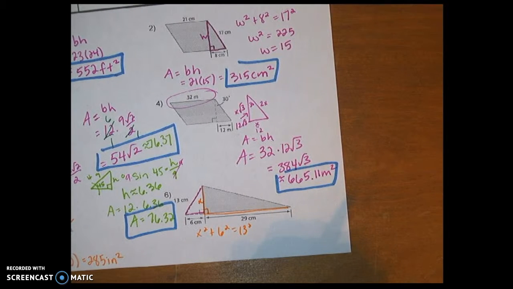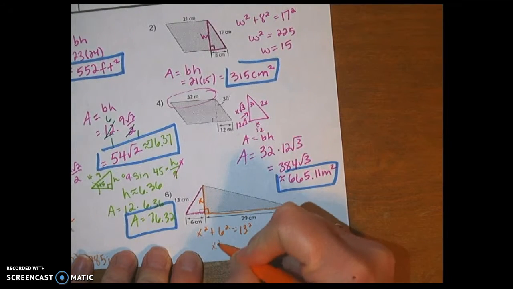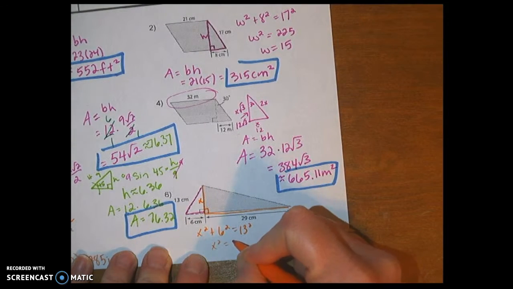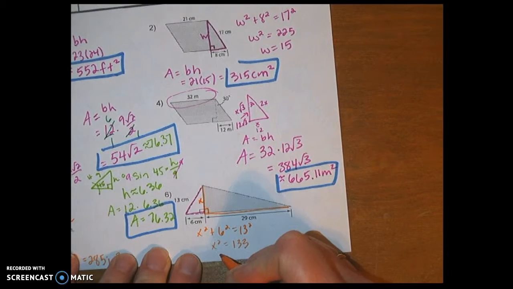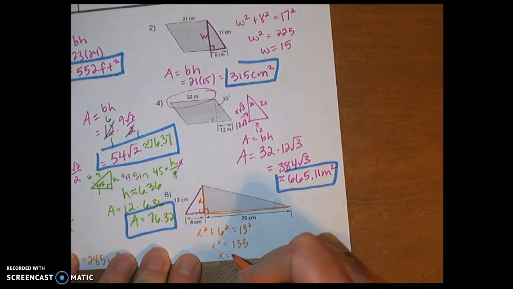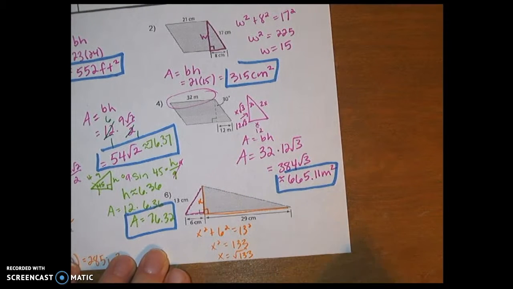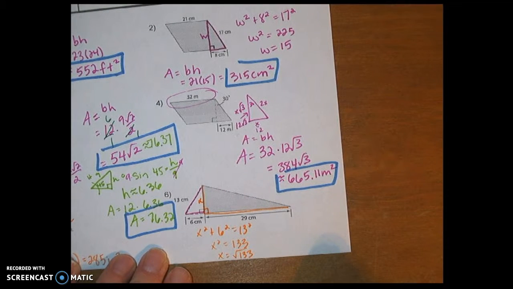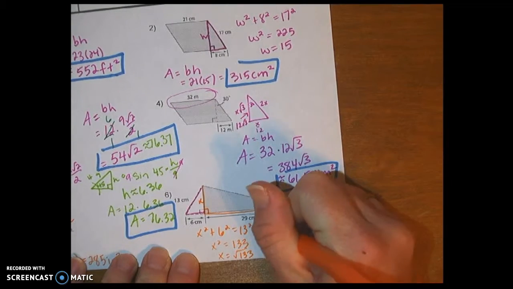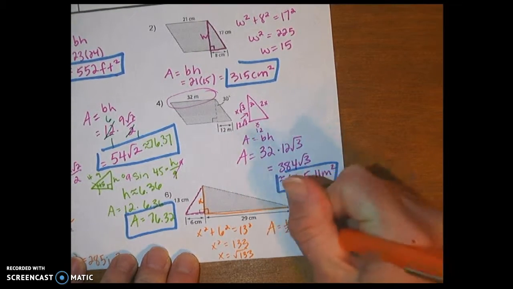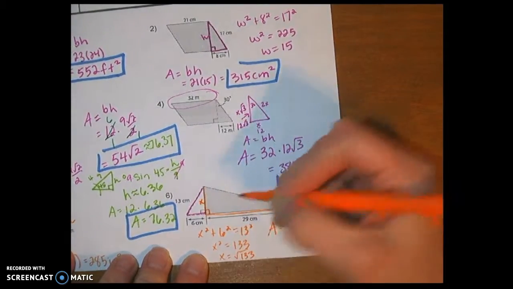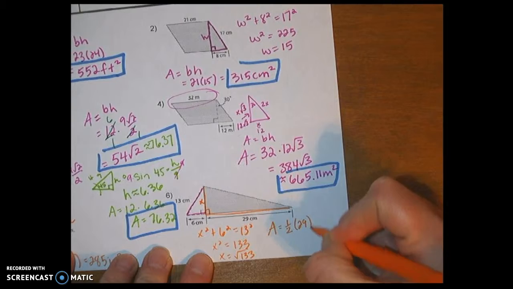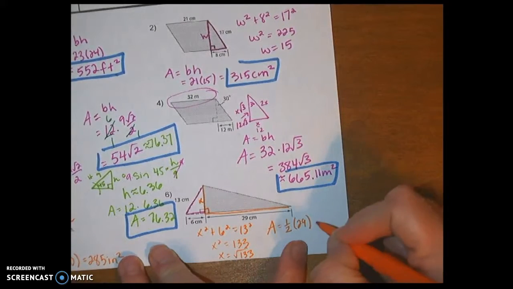So in this particular problem, that tells me that x squared is going to be equal to 133, and that x is the square root of 133. So in order to find the area, which equals 1/2 the base, which I'm going to say the base in this one is 29, times the height, which is that square root of 133.